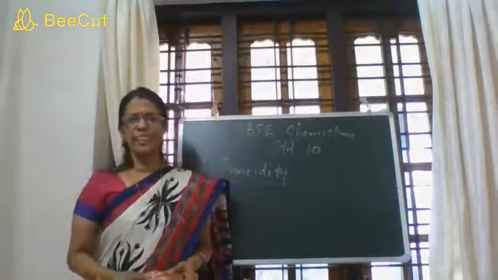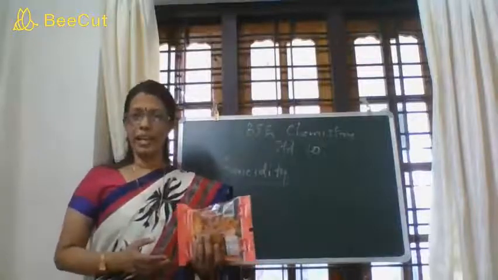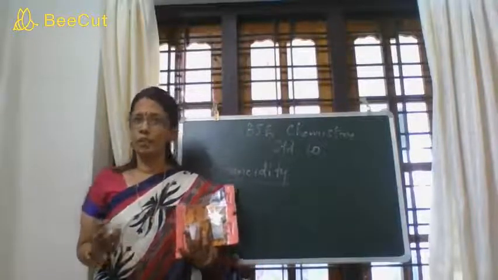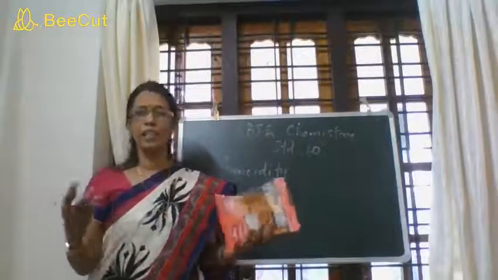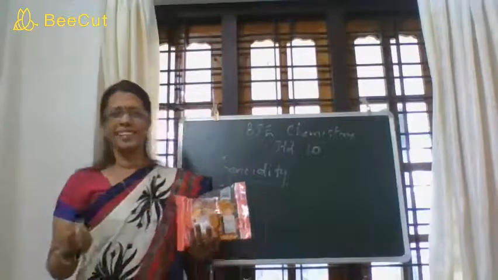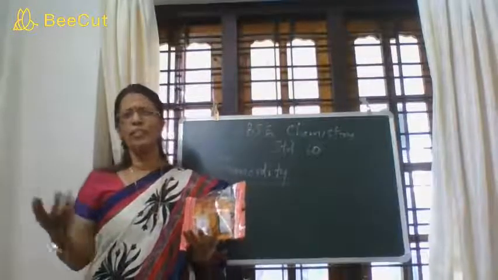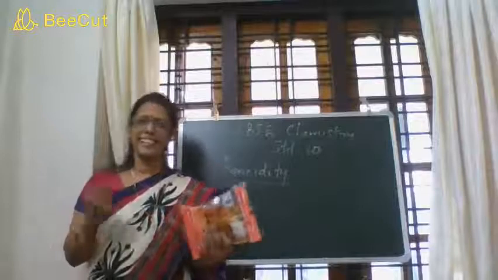The next portion is rancidity. Usually children like chips, you know that. Because of that, many different types of chips are available nowadays: Kurkure, Lay's, potato chips, and many names have been given in order to attract the children.